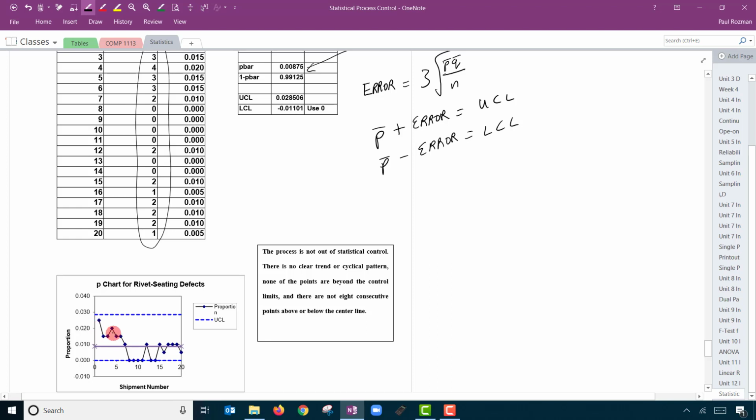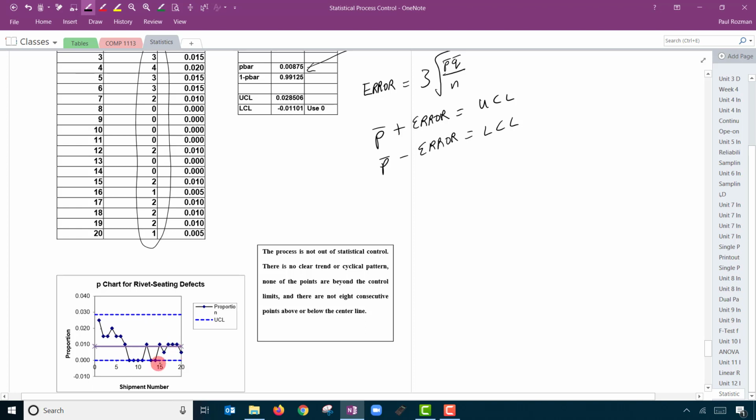The workers were getting a little bit better at their placement of the rivets, but it wasn't enough to say it was out of control yet because there were only 7 in a row that were above. So I guess this one is okay, not out of control, even though it is a little bit weird, but not weird enough.